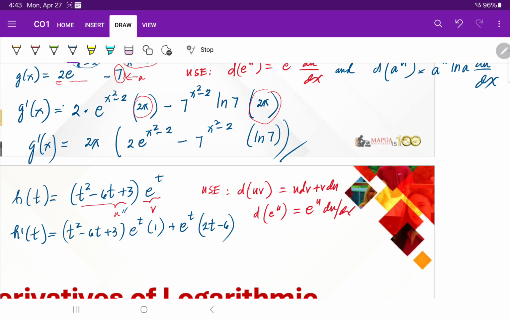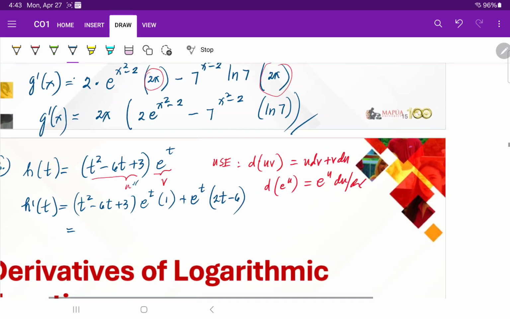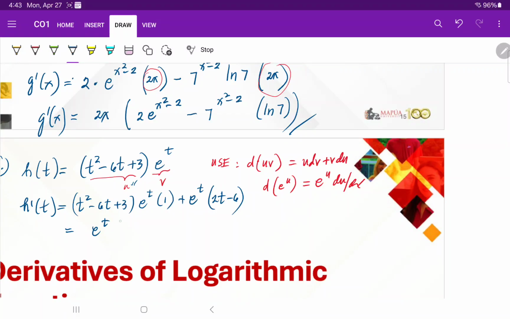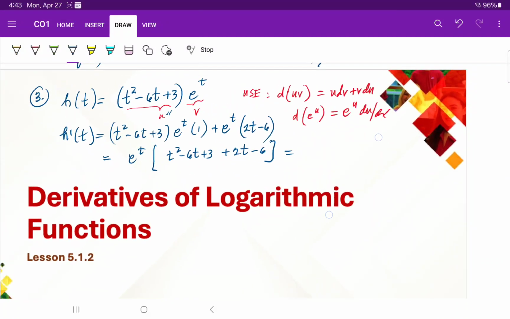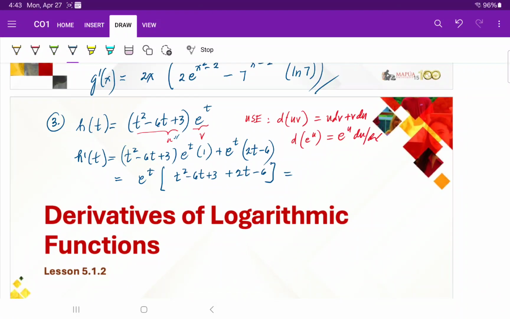Alright, and then again, do we have a common factor? Yes, e to the t is common. So what's left inside? t squared minus 6t plus 3 plus 2t minus 6. Okay, so we have similar terms here, 6t and 2t.